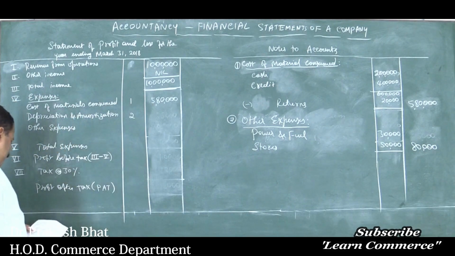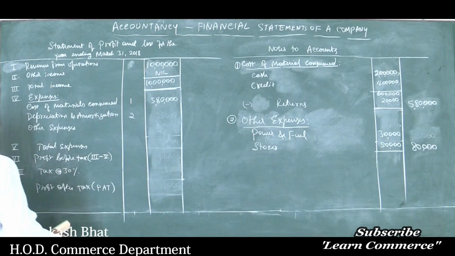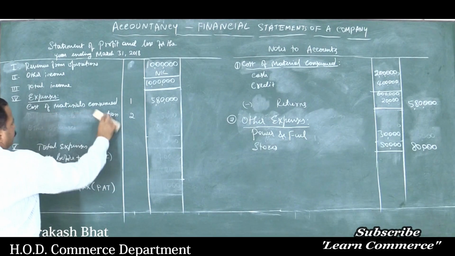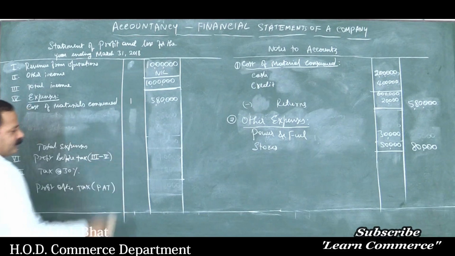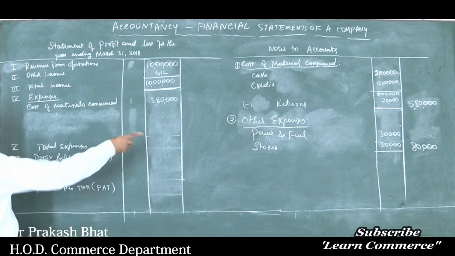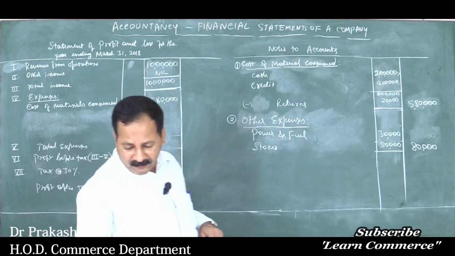Then finance cost. Depreciation and amortization is not there, so finance cost straight away. How much is it? It is already given in the problem.